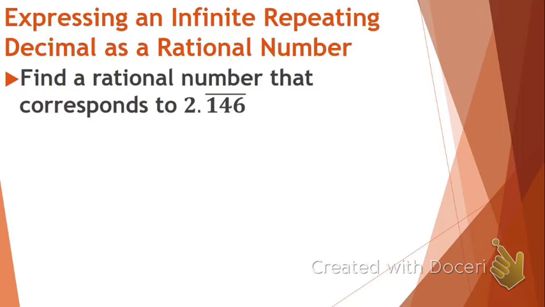How would I begin representing this as if it were a summation? So what's the non-repeating part here? 2 plus 0.146 plus what?